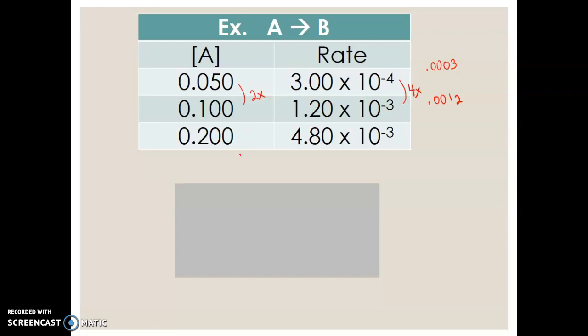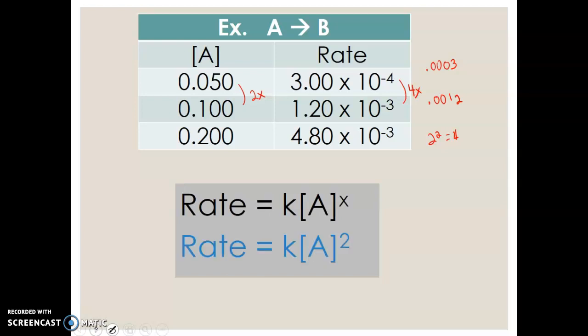So the 2x is not equal to 4x, so 2 squared is equal to 4, so this is second order. So the rate is K times the concentration of A squared, and because we only have one reactant, overall this reaction is also going to be second order.